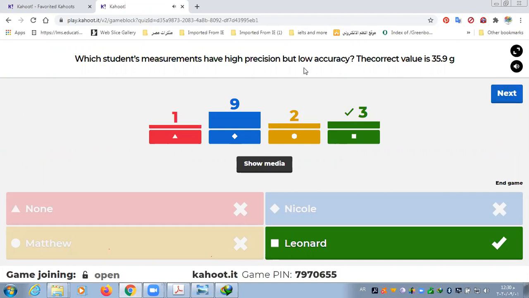Okay, he said high precision, so they are near to each other, but low accuracy. They are far away from the real value, and they told you that the real value is 35.9 gram. It means near to 36.